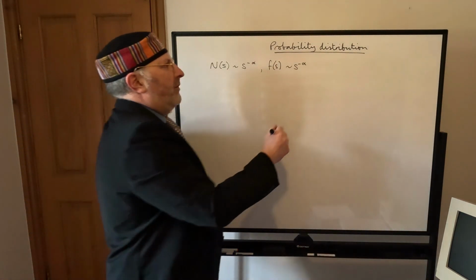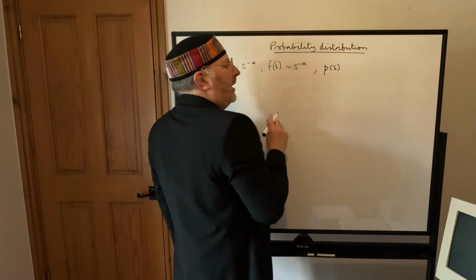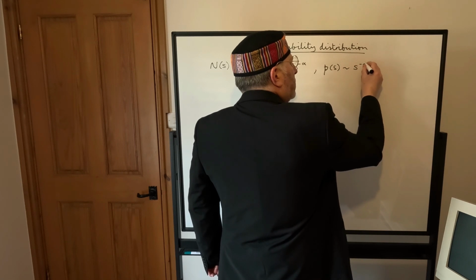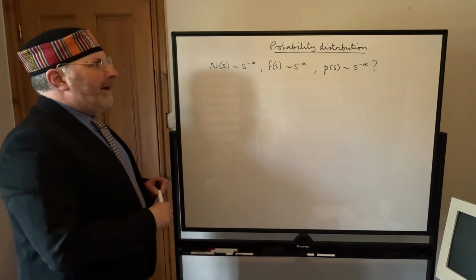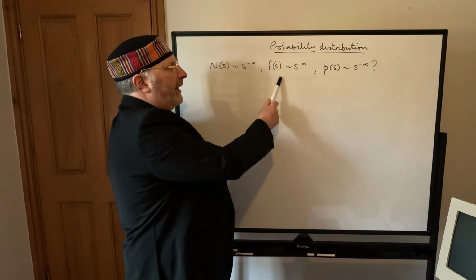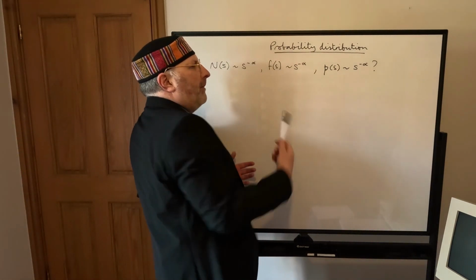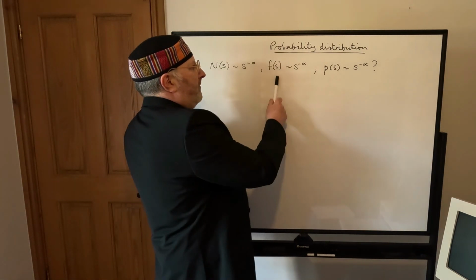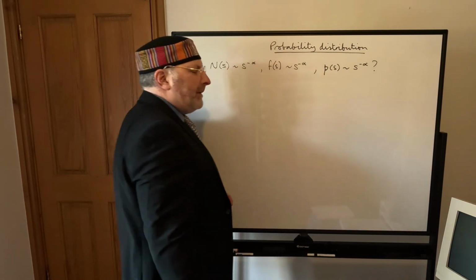And so we might say that the probability of an item having size s is a power law proportional to s to the minus alpha. We might wonder whether that's the case or hypothesize that. Just the same as if we throw a die 1,000 times, we'd find the frequency of 6s would be roughly 1 in 6, and we would say that the probability of a 6 is exactly 1 in 6. So if the frequency is a power law, we might suggest that the frequency reflects the probability and the probability is a power law.